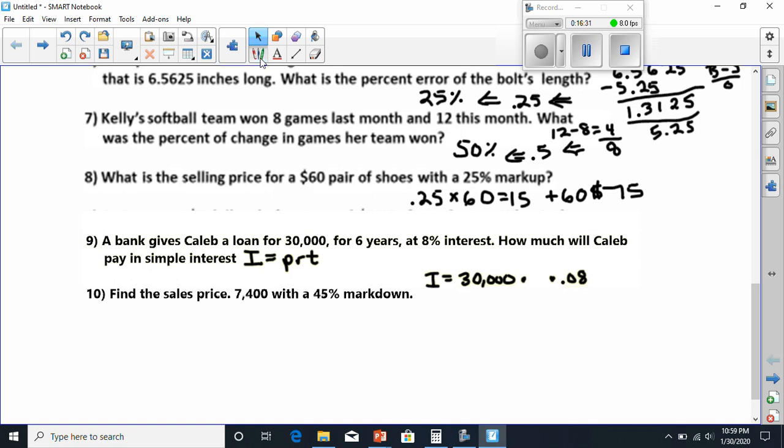Oh, I did lose the 6 in there, didn't I? It was 6 years. Okay. Really, the years should have been over here in correlation with the variables, right? So let's just put this the right way so I don't confuse anybody. The rate is going to be 0.08, and the time will be 6 years, okay? And now, to do this, we have to multiply these three numbers together.